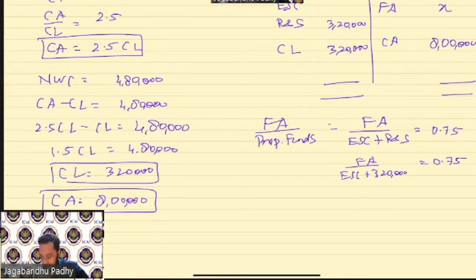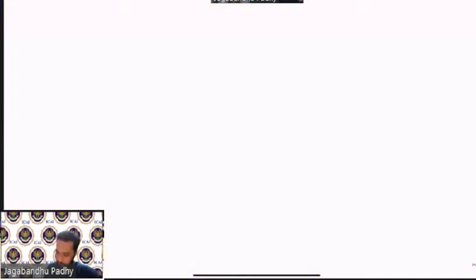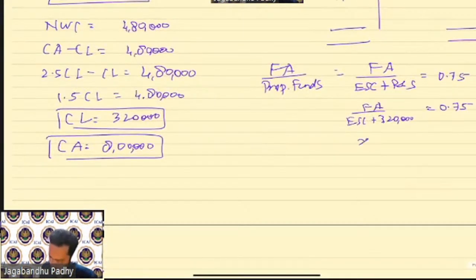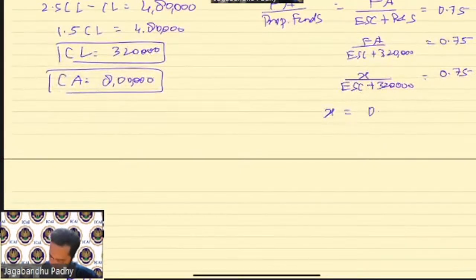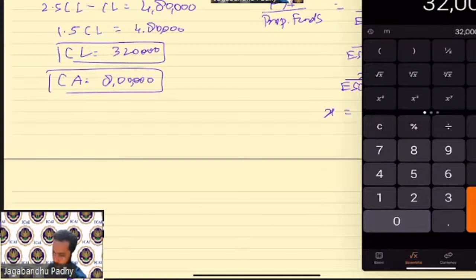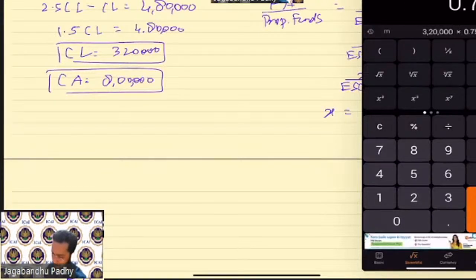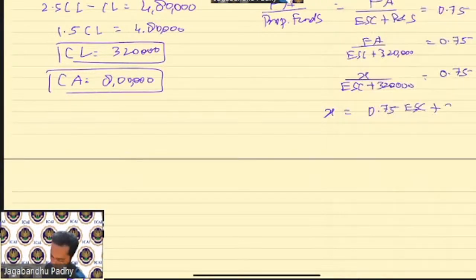Let me take the fixed asset as x. So if fixed asset is x, then equity share capital plus 3,20,000, that's 0.75. So x will be equal to what? 0.75 equity share capital plus 0.75 into 3,20,000, which is 2,40,000.